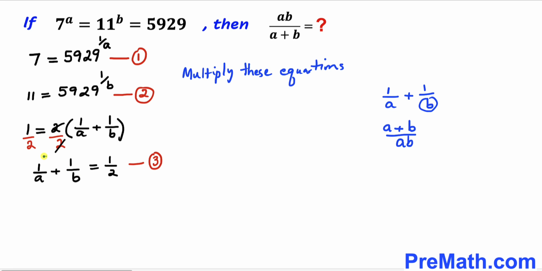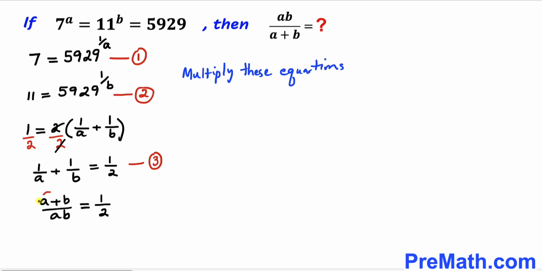So therefore 1 divided by a plus 1 divided by b could be written as a plus b divided by ab. So I'm going to replace that over here. So we can write a plus b divided by ab equals 1 divided by 2.